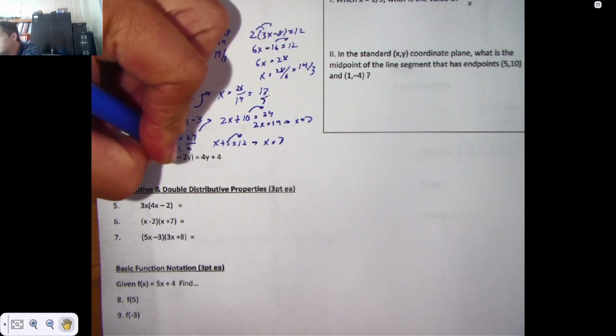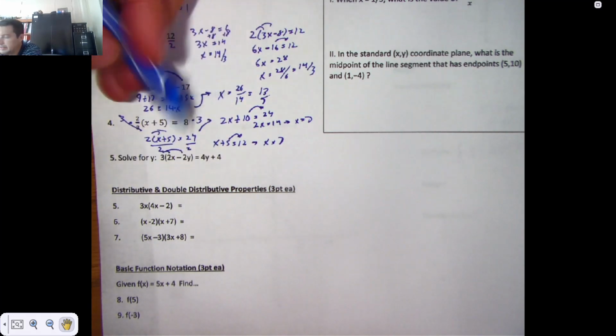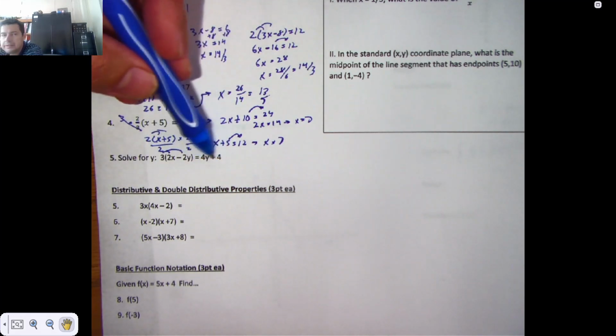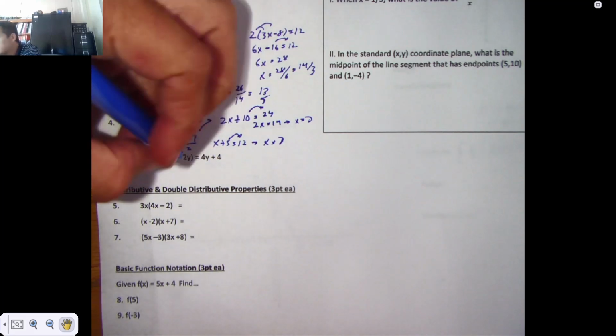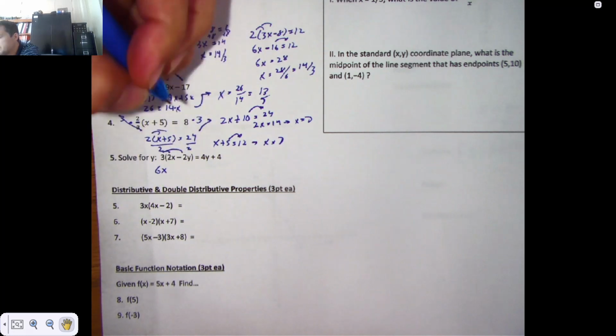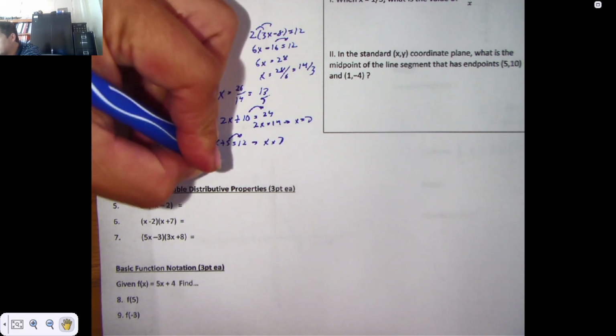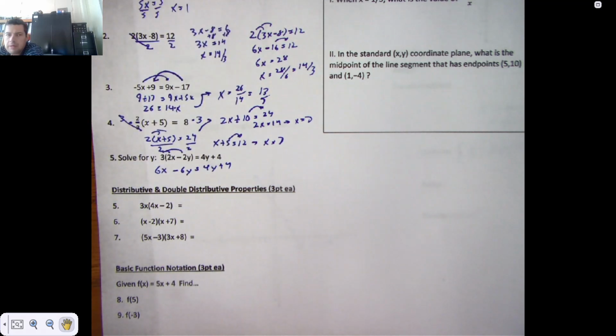Anyways, my gut, and I listened to it, says to distribute that 3. And I distribute 3 because I can't divide these numbers by 4, at least not nicely. 3 times 2x is 6x, and 3 times negative 2y is negative 6y. And this is a solve for y.